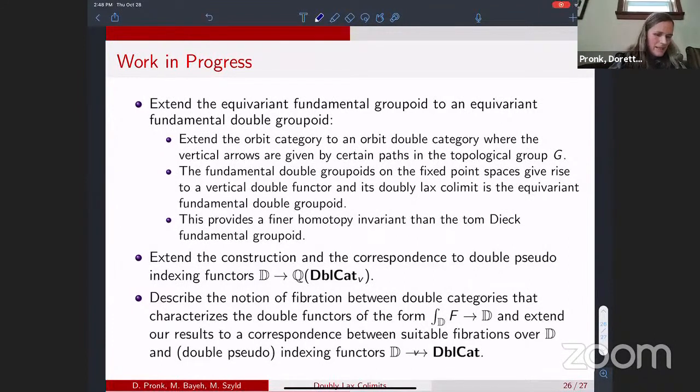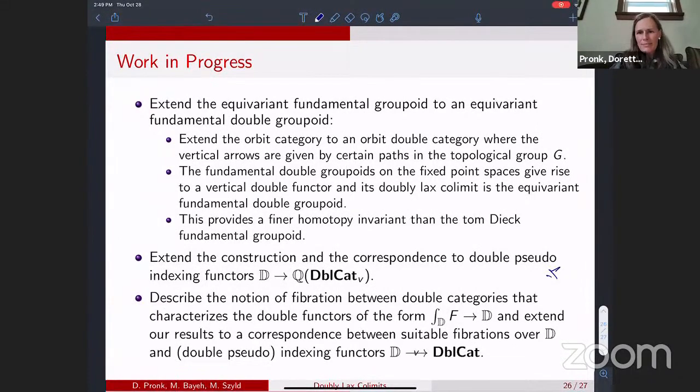That will come. The last one, and this is actually needed, because we would like to get a correspondence, as in the classical case, between a suitable version of fibrations between double categories and indexing functors from a double category into double cat as defined today.